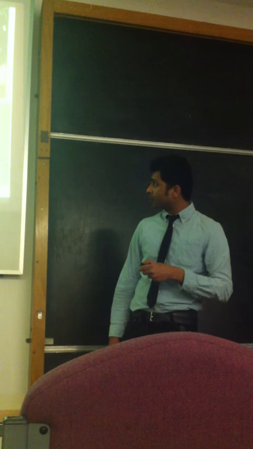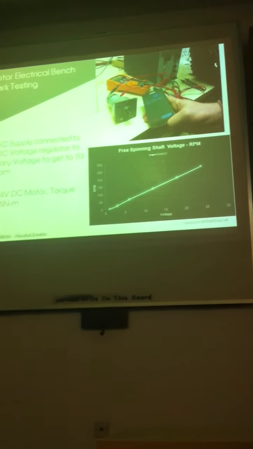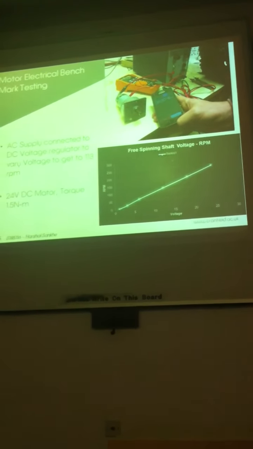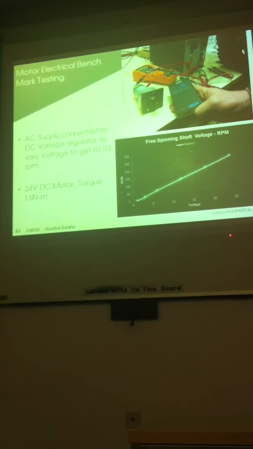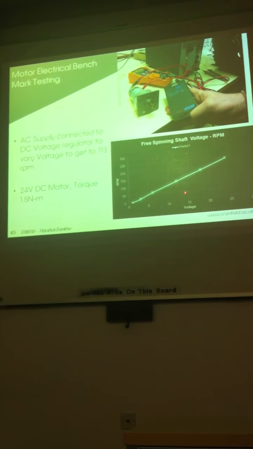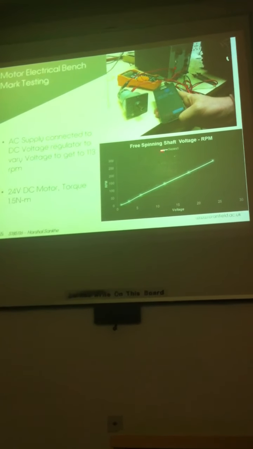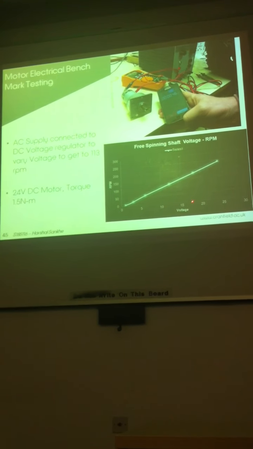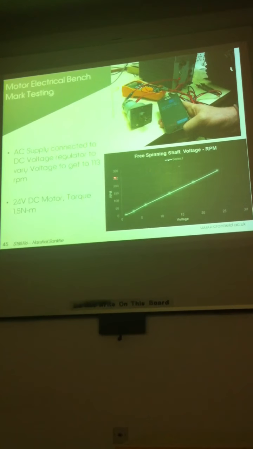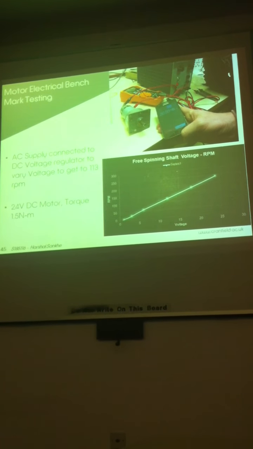The RPM we need to simulate the overturning moment is 113. The motor is sized to 200 RPM with a 24 volt limit. We achieved 113 RPM at approximately 14 volts without any load, as a free spinning shaft. So we're hoping that at approximately 15 or 16 volts we can simulate with the top load we have. And hence the motor is good.